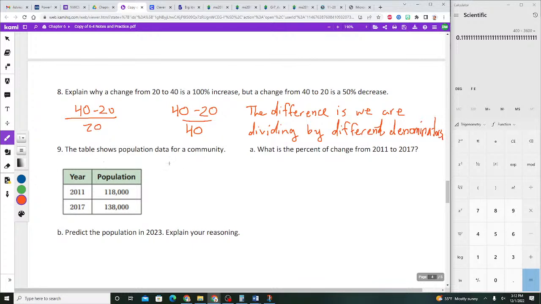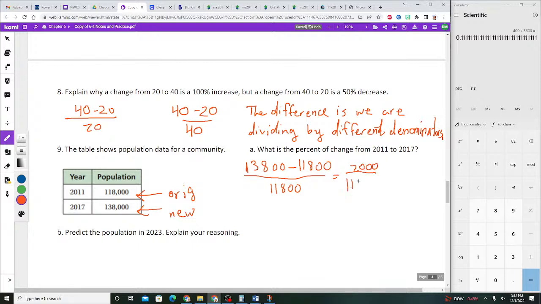Okay, the table shows the population data for our community. What's the percentage change from 2011 to 2017? So this is our original, this is our new. And so we're looking at 13,800 minus 11,800. That keeps us positive. Our original is 11,800. 13,800 minus 11,800 is 2,000.